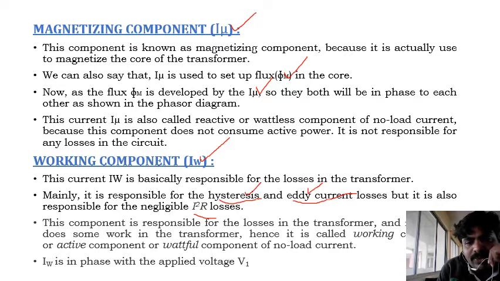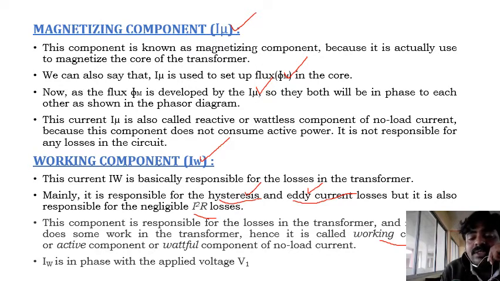Even though this component is responsible for the losses in the transformer, it actually does some work in the transformer. Hence it is called the working component. That means there will be some effect on the efficiency of the transformer, on the voltage regulation, and on the power factor.